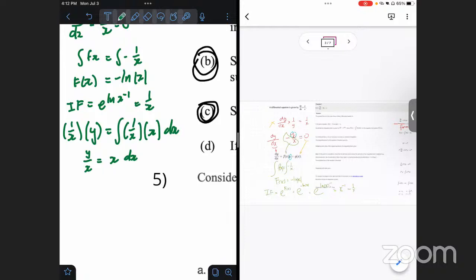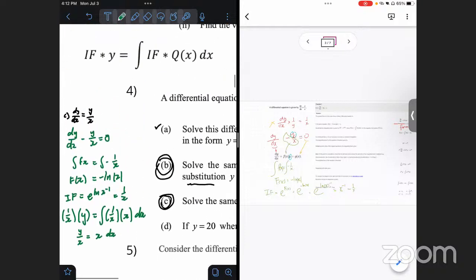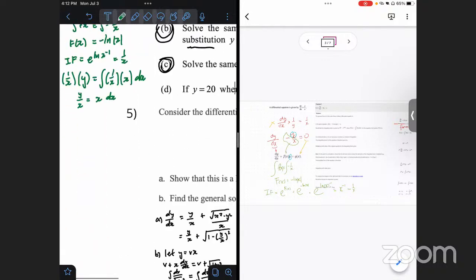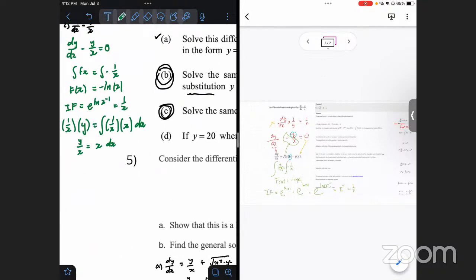That's so weird. It's not adding up. Yeah, that's very weird what I'm talking about. Wait, did I do something wrong with the integrating factor? Let me just check one more time. No, that's fine. Yeah, that's correct.